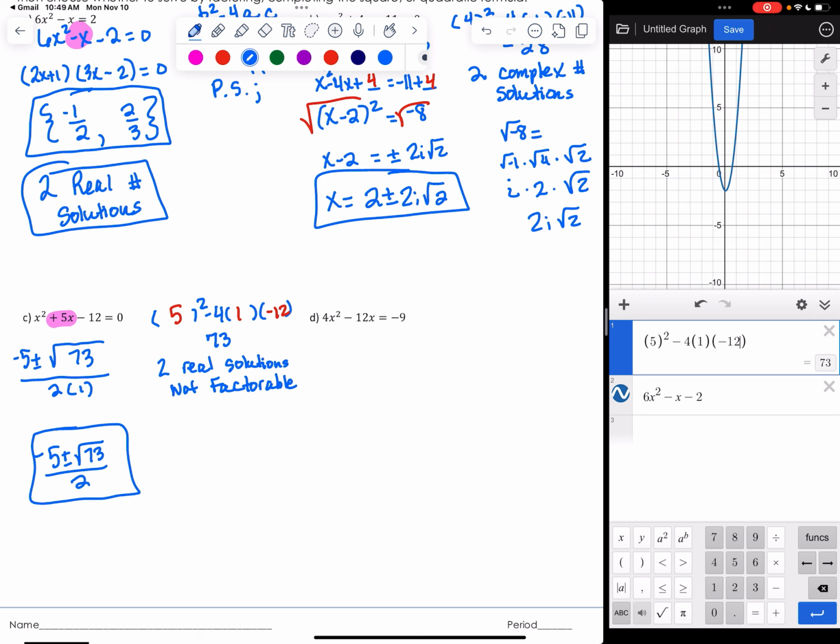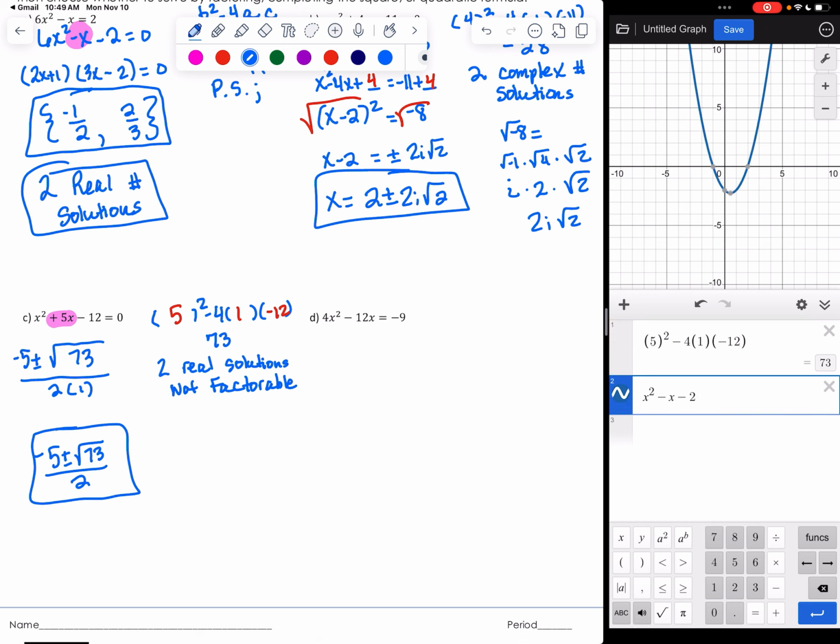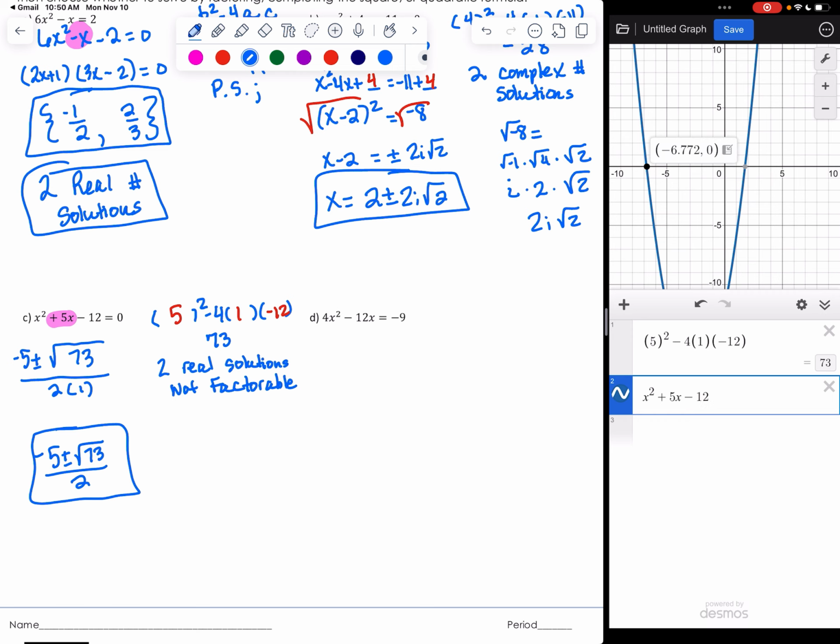Now, let me show you what the graph looks like. We have x squared plus 5x, and then minus 12. All right, so you can see I have one solution here at negative 6.772. So if I were to write the solution in decimal form, it would be approximately negative 6.8.